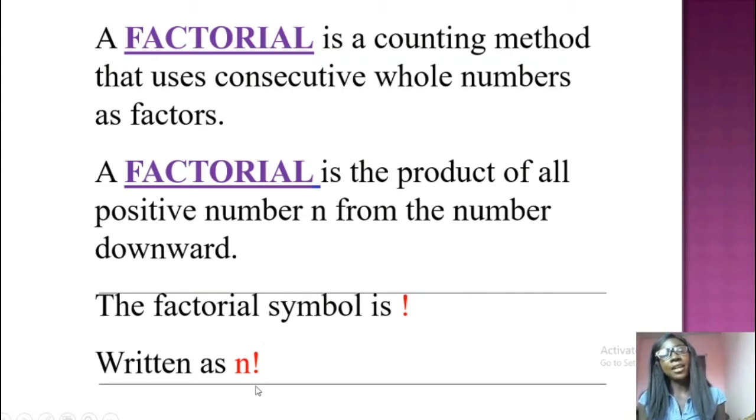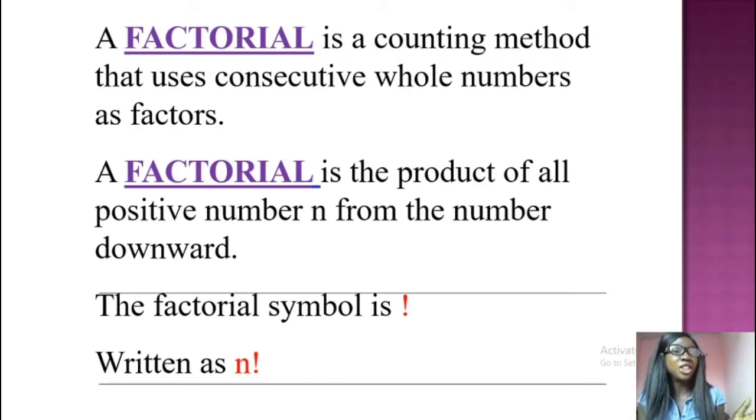If we are asked to find 6 factorial, we're going to have 6 exclamation mark, and we pronounce it as 6 factorial. And if we want to solve it, we multiply 6 downward. That's to say 6 times 5 times 4 times 3 times 2 times 1. Okay, so I believe we are all happy.